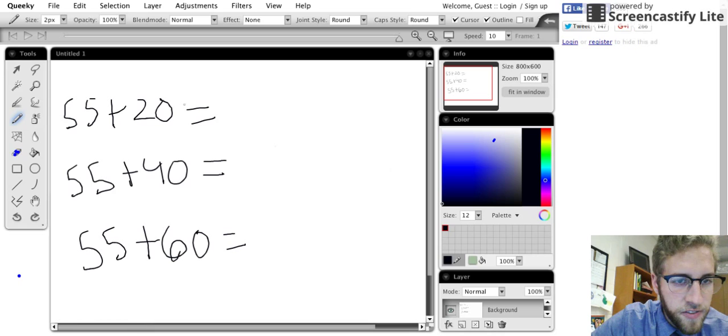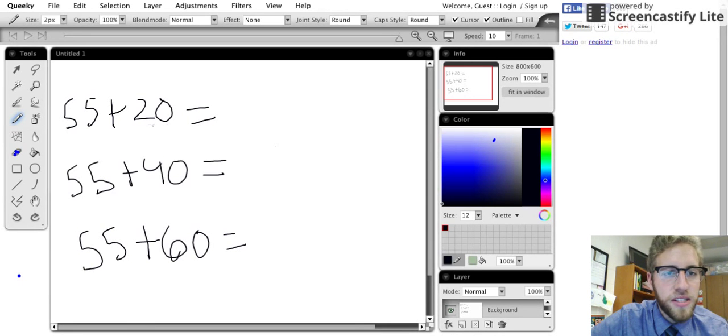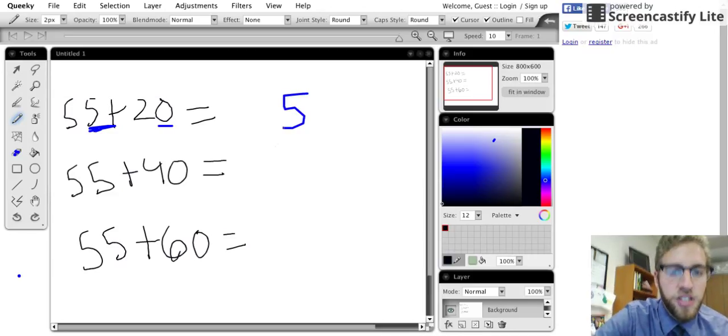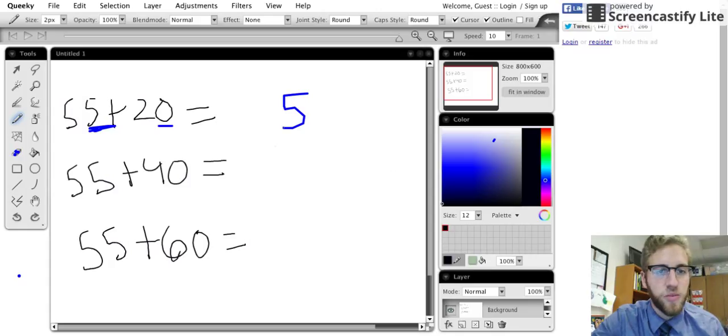When I look at 55 plus 20, I notice that there are already 0 ones over here. And if I know there's 0 ones, then I know 55 is just going to keep its same amount of 5 ones in my final answer. So we really don't even have to look at the ones. We can just tell right away it's got 5 in its ones place.